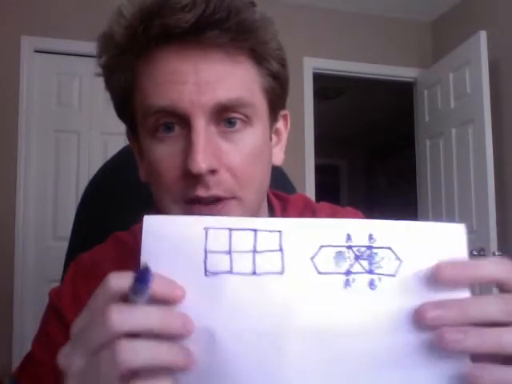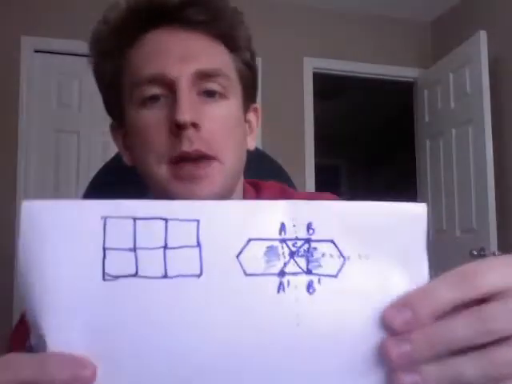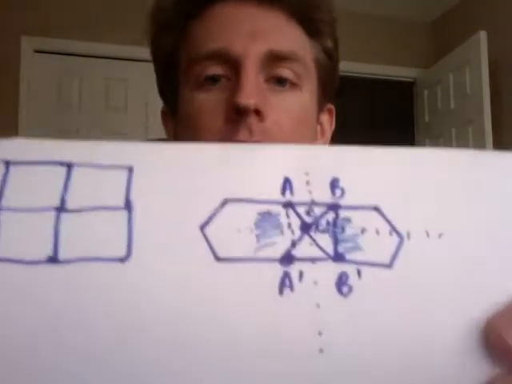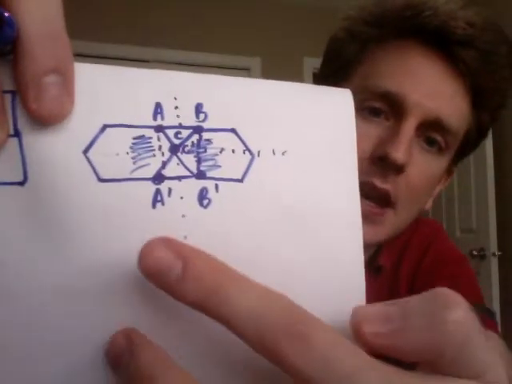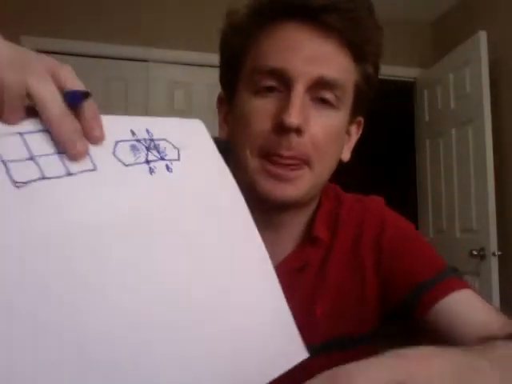And now, of course, if we were reflecting the hexagons, then the mirror line right here, if you can see this, would be a vertical mirror. Okay, so that's how we reflect.